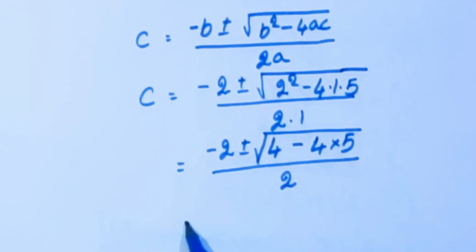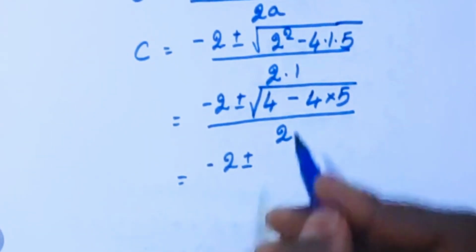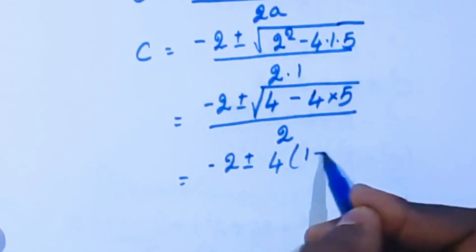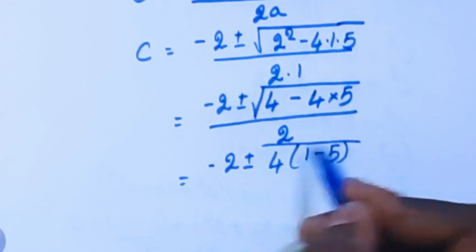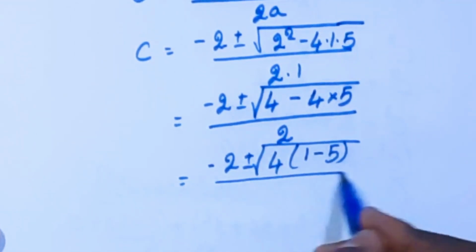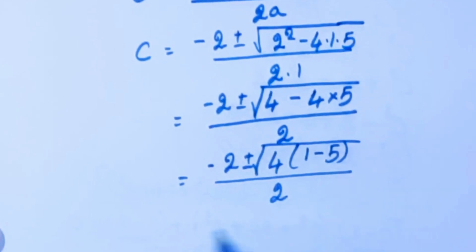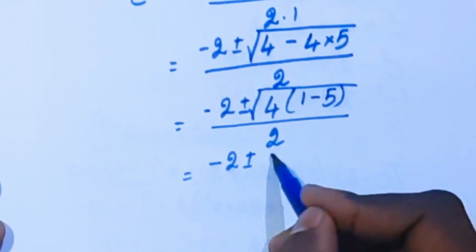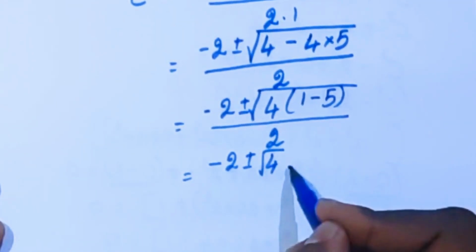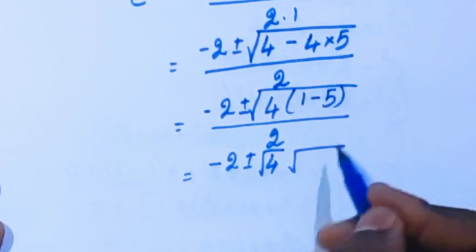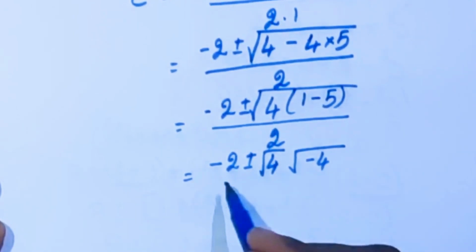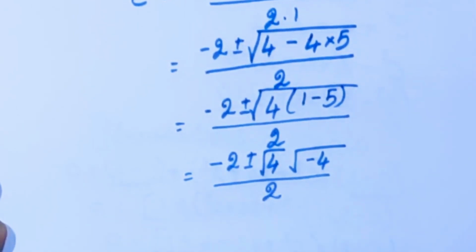Now minus 2 plus or minus, here we are going to take 4 common. So 4 open bracket 1 minus 5 in square root by 2. Now minus 2 plus or minus 4 in square root, here it is 1 minus 5 is minus 4 by 2.